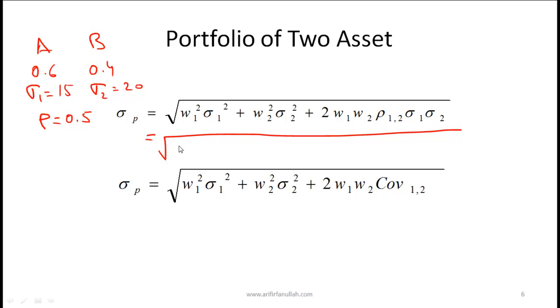In this case, that's 0.6 squared multiplied by sigma 1 squared.